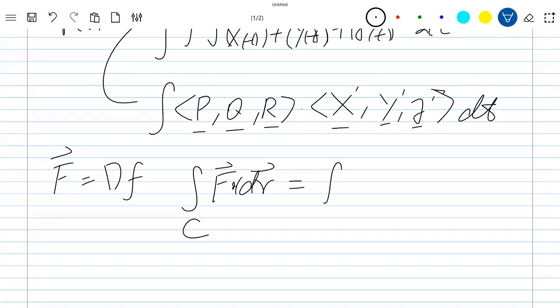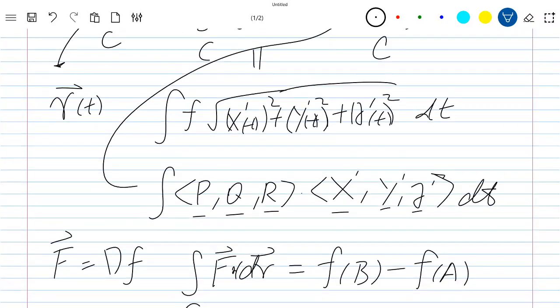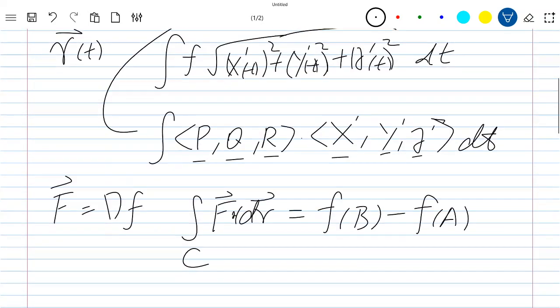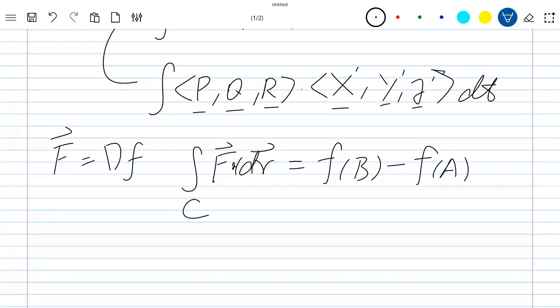This turned out to be the endpoint and the initial starting point where f is evaluated. Let's say this is A, this is B. So you can just evaluate f at the endpoint minus f evaluated at the starting point.